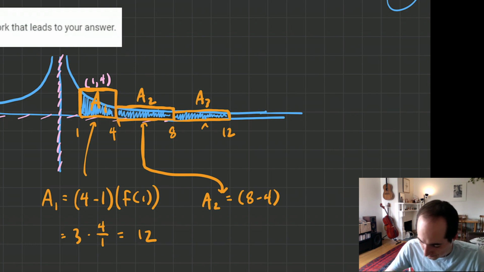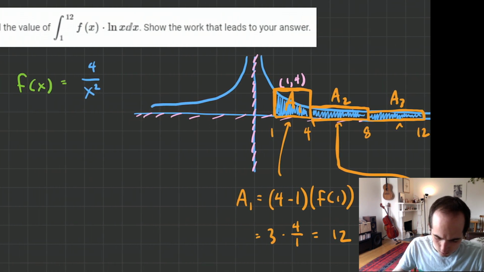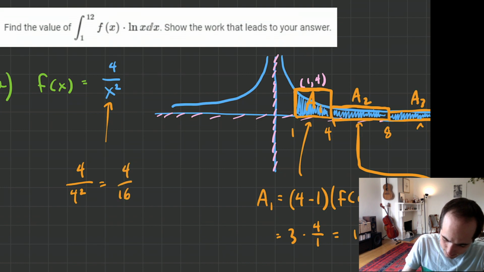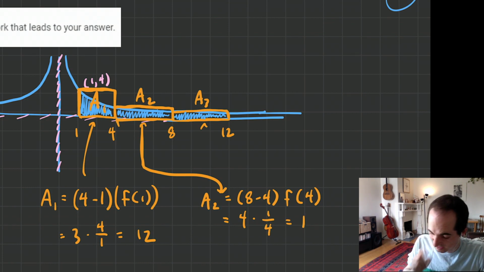So that would be times f of 4. Well, 8 minus 4 is 4, and f of 4 would be 4 over 4 squared, which is 4 over 16, which is 1 over 4. So this would be 4 times 1 over 4, which is equal to 1, which is nice.